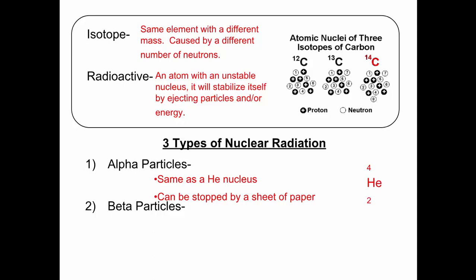So when we write out the symbol for an alpha particle, this is what we write: helium, He, 2, because that's its atomic number, and 4 because that's its atomic mass.